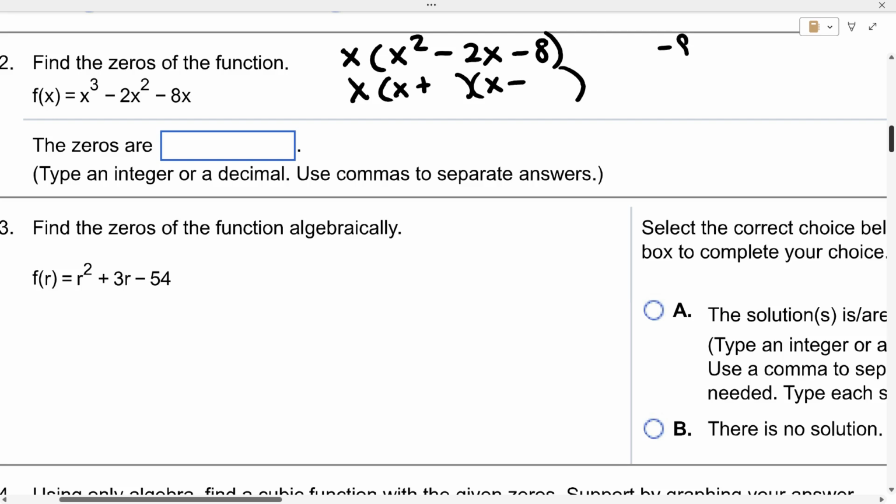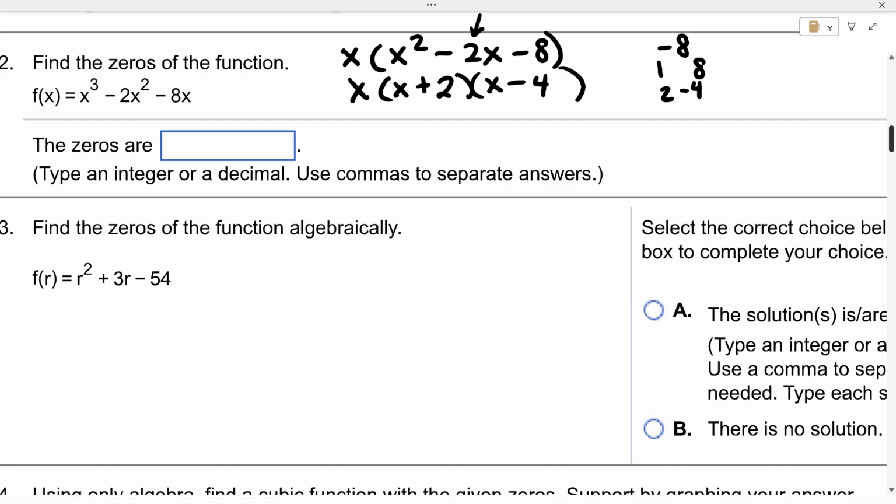What are the factors of negative 8? They're 1 and 8, 2 and 4. They have to be 2 apart and they have to add up to a negative 2. So the 4 is a negative, the 2 is a positive. So 2 goes here, 4 goes here. A little bit of a reminder of Algebra 2 on how to factor.